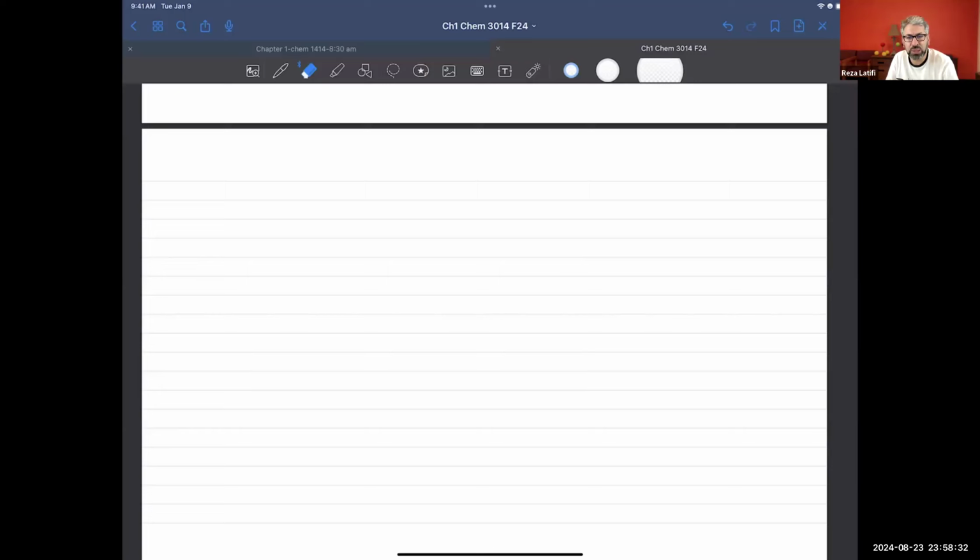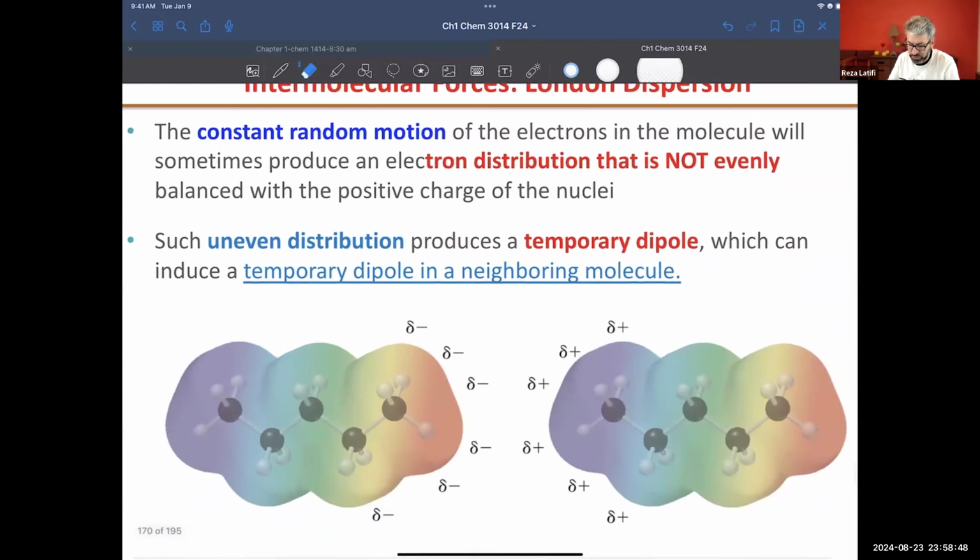I want to actually start talking about that one, but before I introduce the disease, I want to talk about the last intermolecular force that we need to cover, and that's going to be the dispersion force. Okay, and what's a dispersion force?